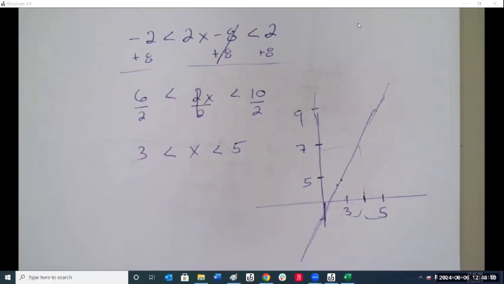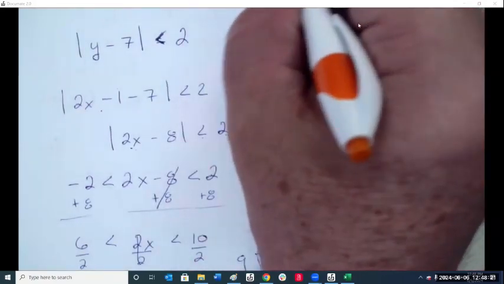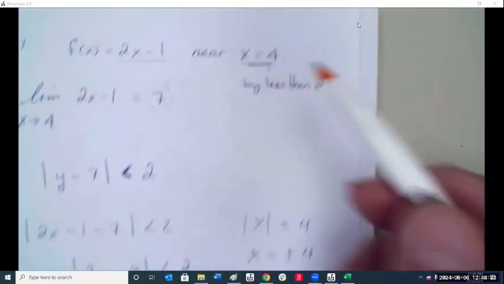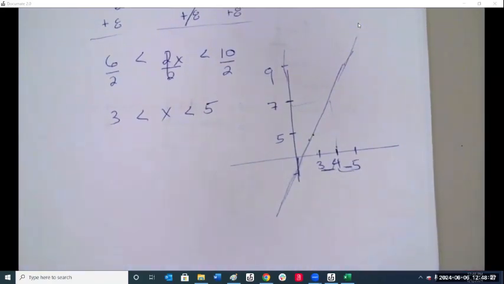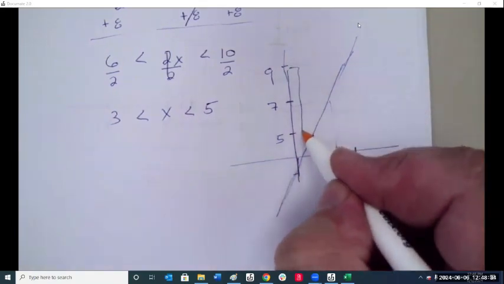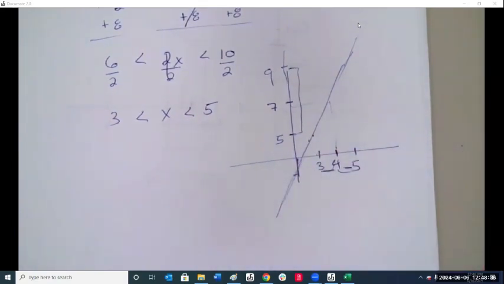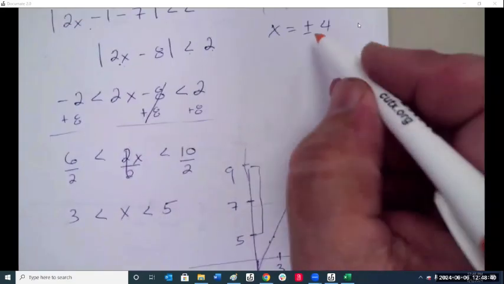If it said, let's just keep it nice even numbers, if it's at 4 units, then it would be 2 on each side. 1 and 7. Because remember, we're looking at x equals 4. This is 4. So it's 1 here and 1 here. So it's within 2 units. And notice that this is 4 units, which is what we discovered.